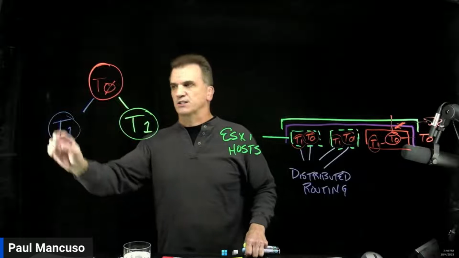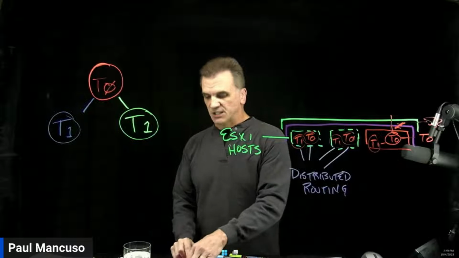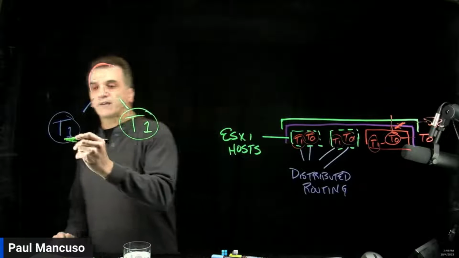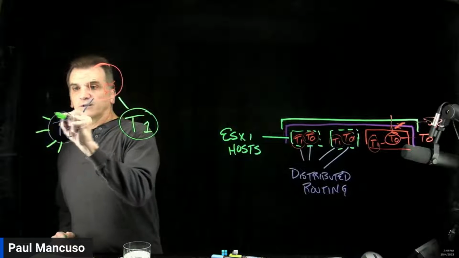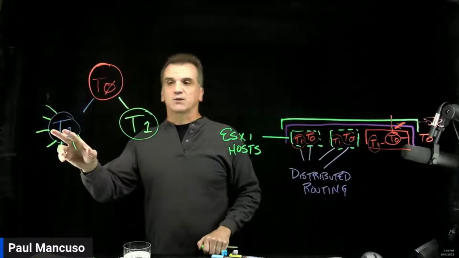There's really no need. So I could draw tiny little segments off of this T1 here, and each one of them would just be other logical IP domains connected off of this T1.